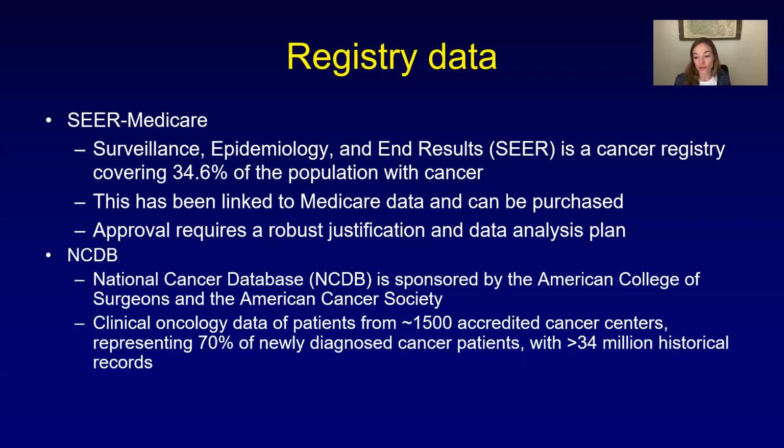Another one that we've used a lot at our institution is the National Cancer Database. This is sponsored by the American College of Surgeons and the American Cancer Society. It's a clinical oncology data set of patients from about 1,500 accredited cancer centers, and represents 70% of newly diagnosed cancer patients with more than 34 million historical records.